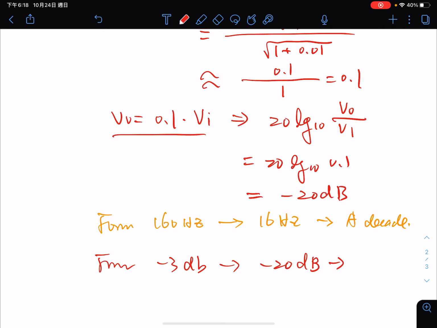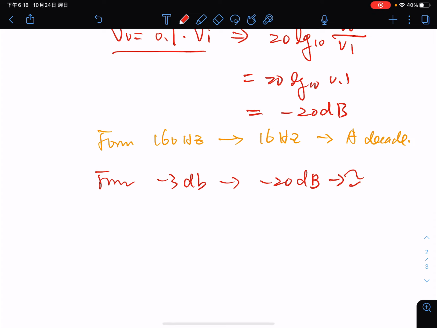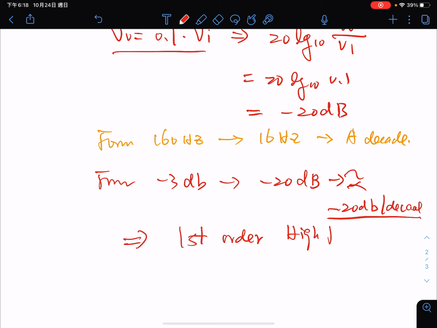So it's around minus 20 dB per decade. So this will be a first order high pass filter.